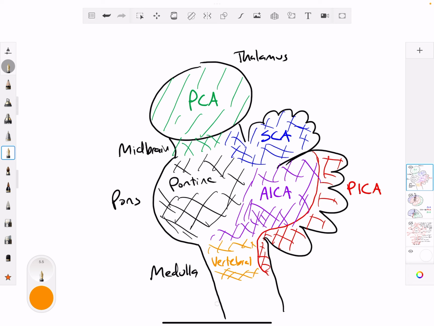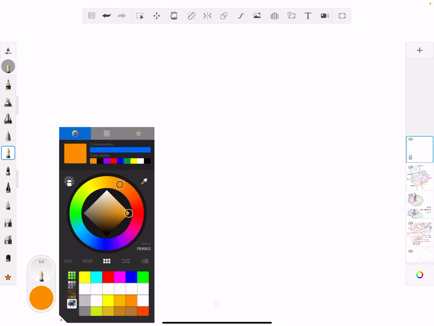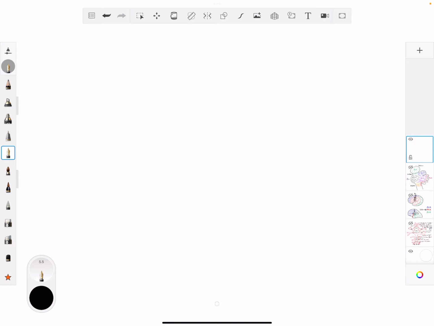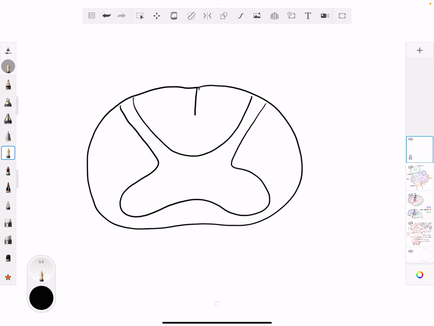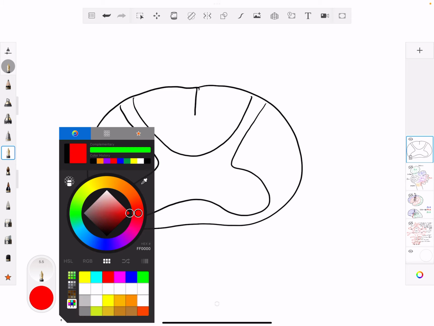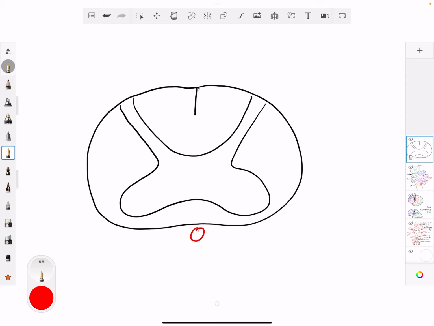Last thing, spinal cord. All right, you should be able to do this in your sleep. Get us a spinal cord cross section. Let's get some blood vessels here. Remember, we got the unpaired anterior and the paired posterior spinal arteries.